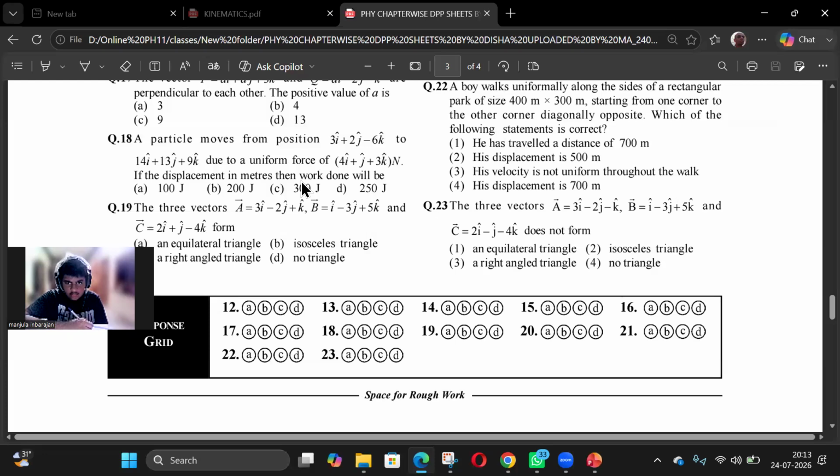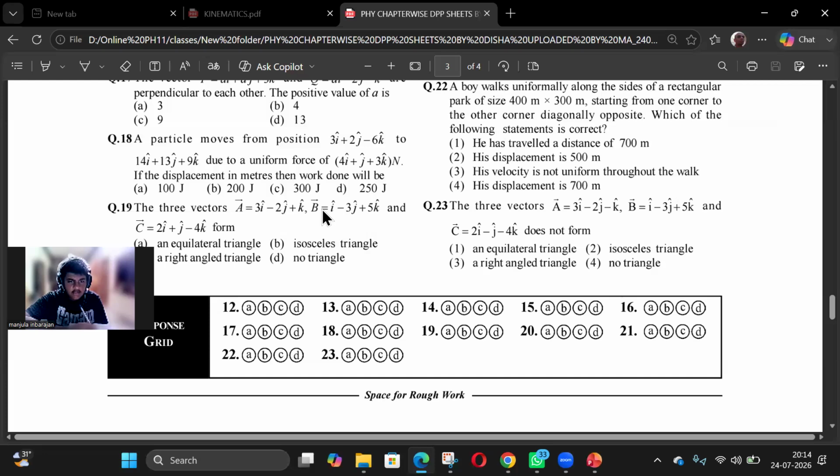Sir, 300 joules. Work done is a number, a scalar. Work done is equal to force by time taken, right, sir? No, F dot S, force into displacement, the dot product.